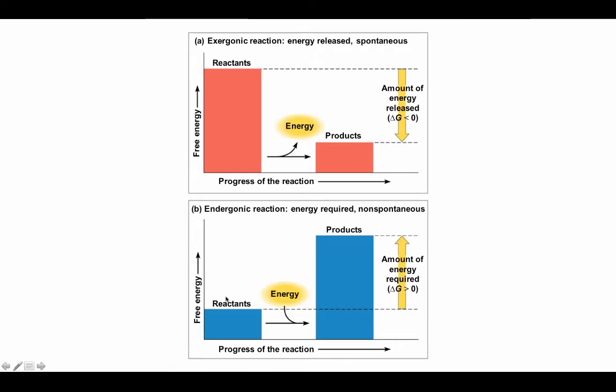Conversely, in an endergonic reaction, you're going to have low free energy in the reactants and relatively high free energy in the products, and the amount of energy it's going to take to make that reaction proceed is going to be equal to the difference in energy between the reactants and the products.